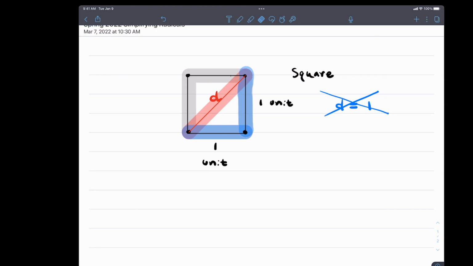What else? What do you guys think? 1/2. We'll say, well, it measures 1/2. Okay, and the answer is what? No, that's not the answer either. It's not 1/2. It's not 1. Anybody have any other guesses? What might that diagonal distance be?